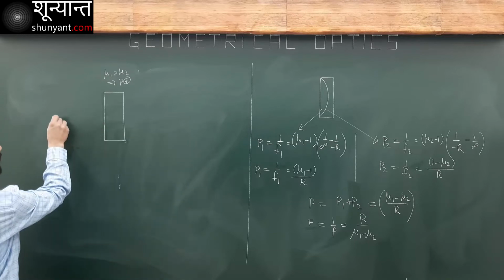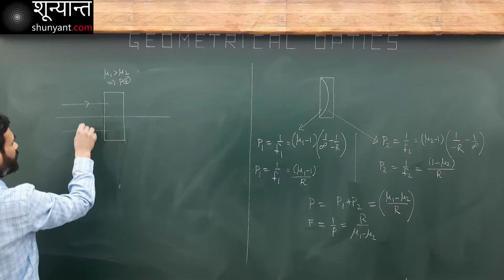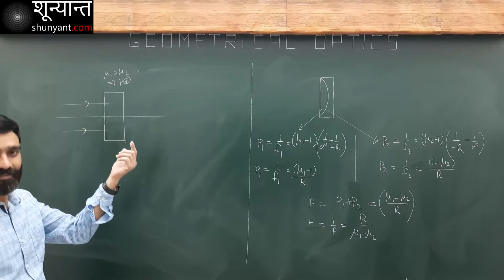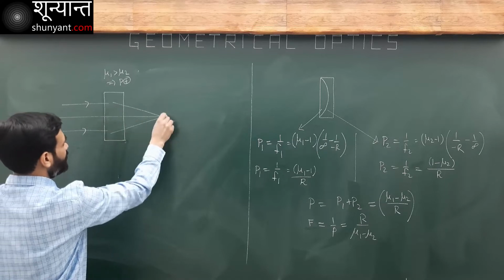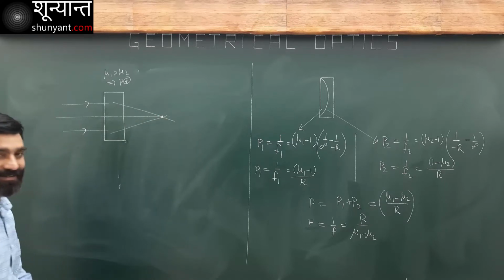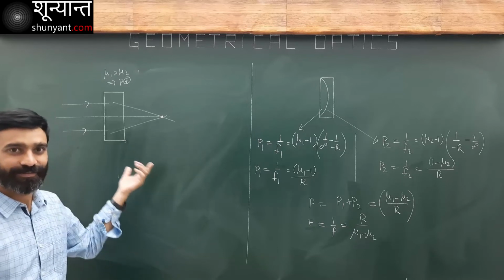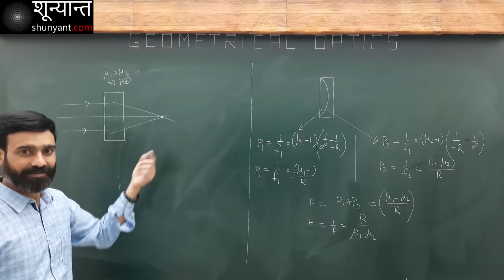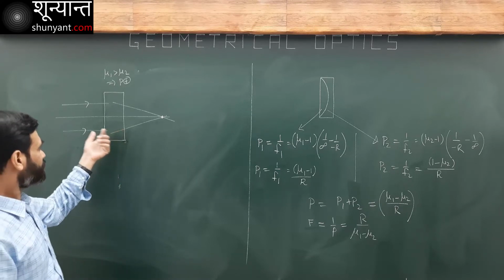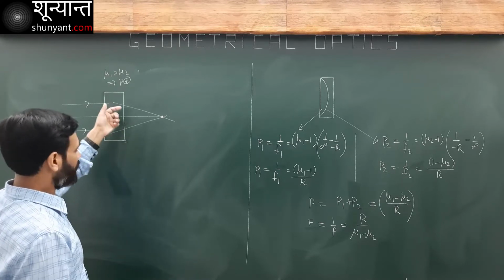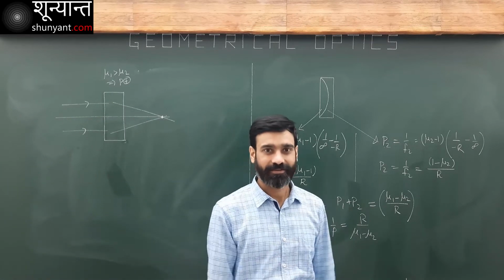So if I have a parallel beam of light on this parallel glass slab, the rays are actually going to converge here. This actually is a lens. It just looks like a glass slab, but it is actually a lens.